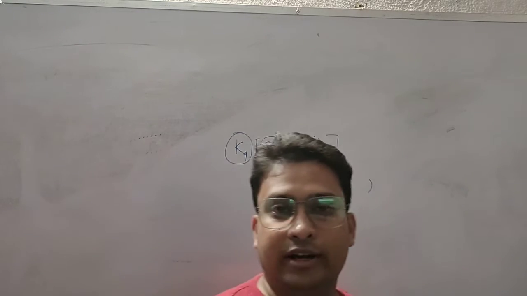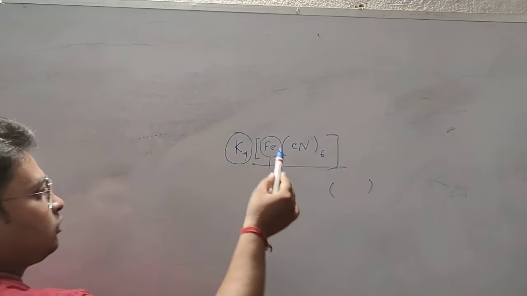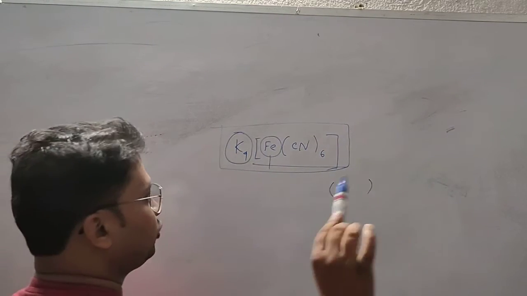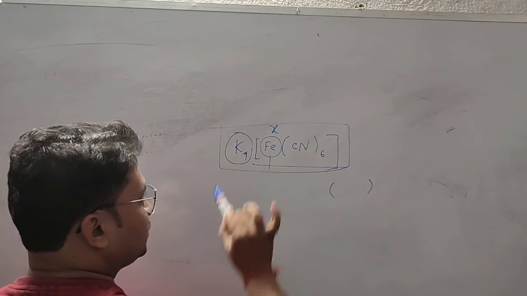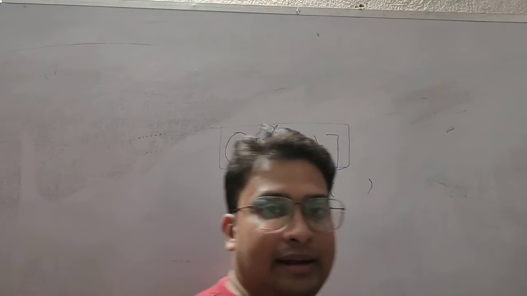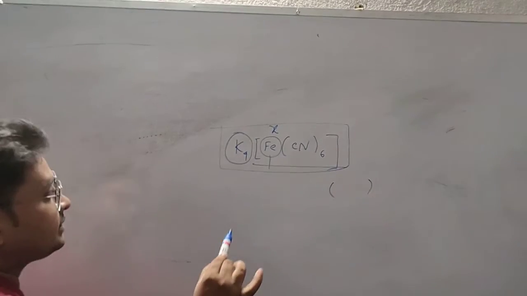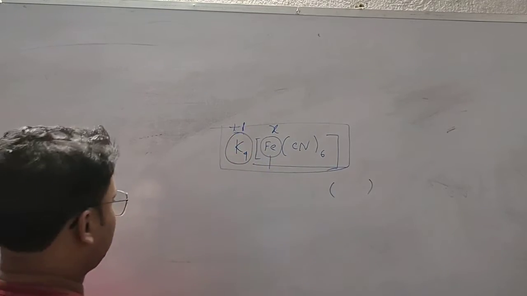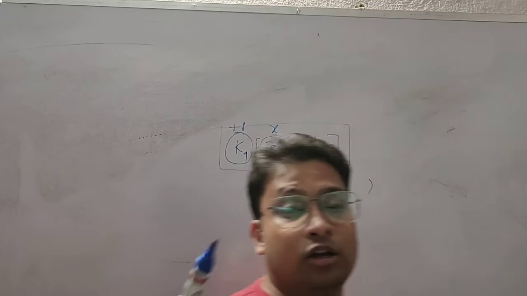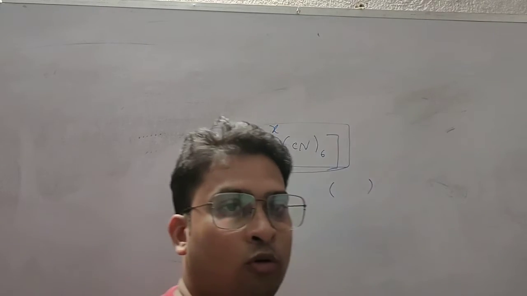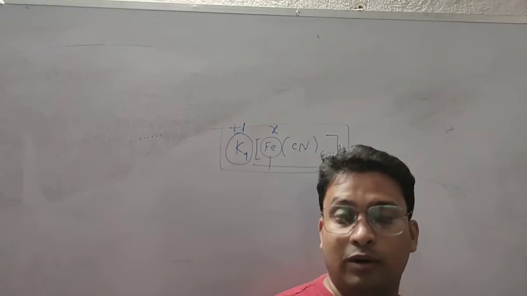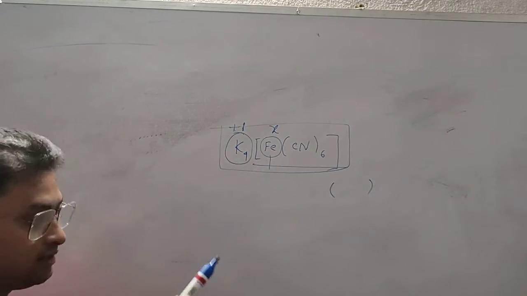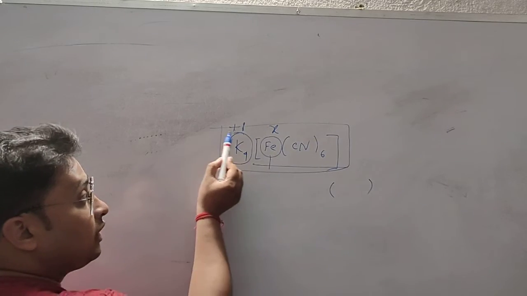What is the oxidation state? We can calculate. We know the total charge of this compound is 0. So we have to find the oxidation state of the central metal atom, that is X, and we know the oxidation state of K is plus 1, because K belongs to group 1.